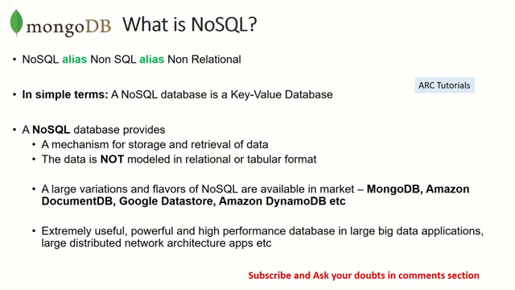In simple terms, a NoSQL database is a key value database which does not have relational data, which means there are no tables, no rows and columns. There is no structure to it. It is a document that is stored as a JSON file or JSON object, which is a key value pair. So that's why it is called NoSQL.